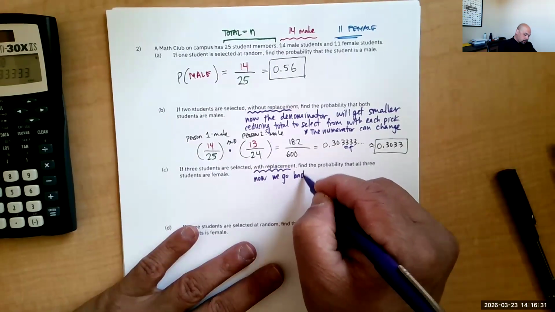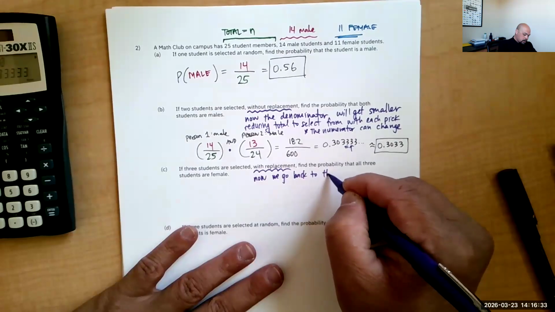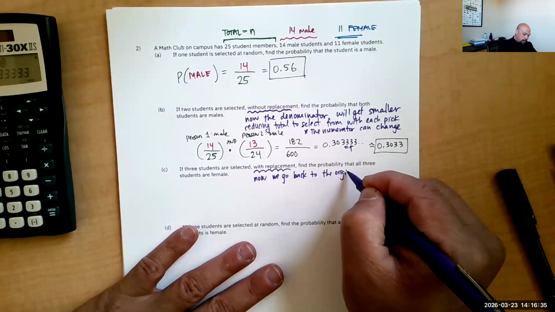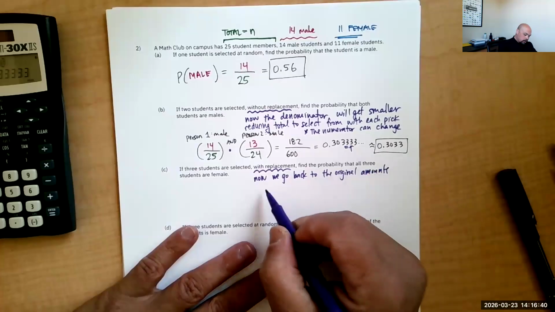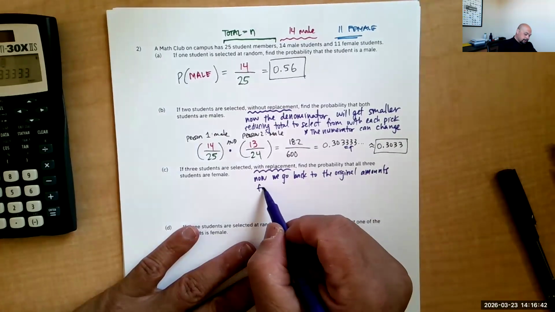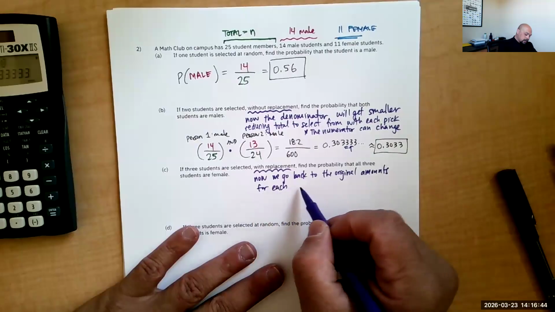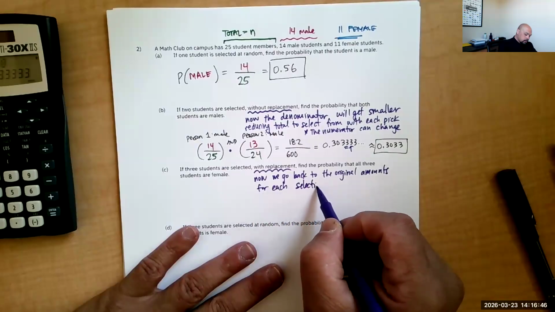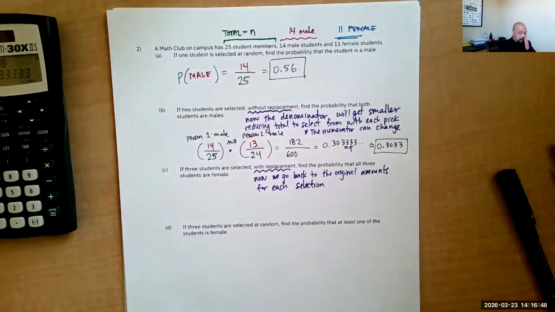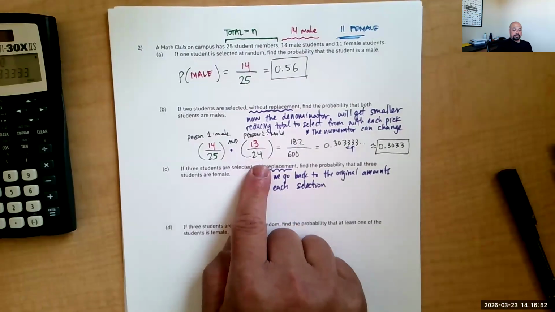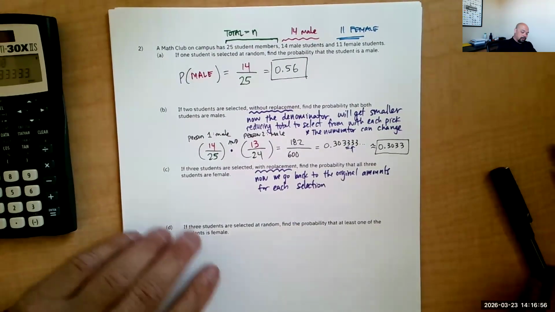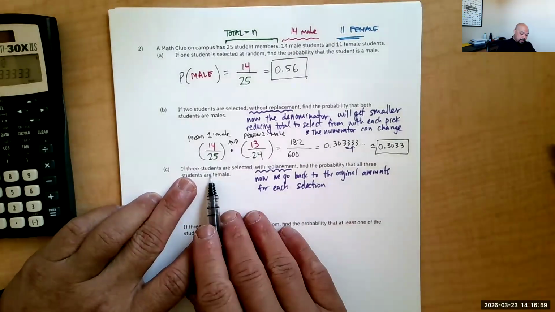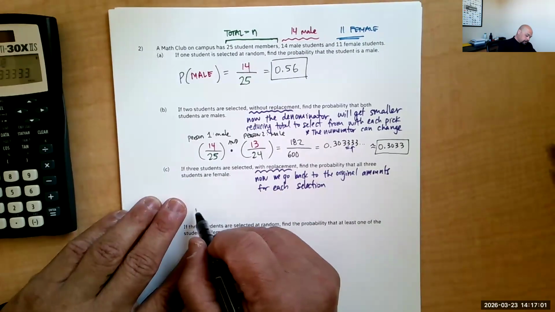We go back to those original amounts, those original totals for each selection. More commonly, we're going to see cases where we are drawing without replacement and needing to reduce those values. But in this case, we're looking for the probability that when we pick 3 students, all 3 are female.